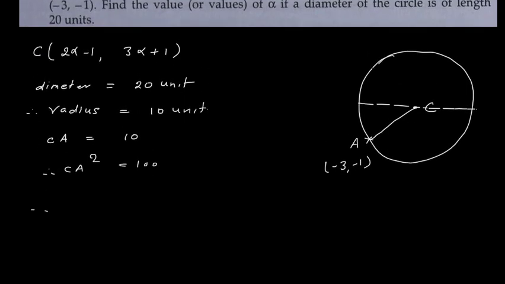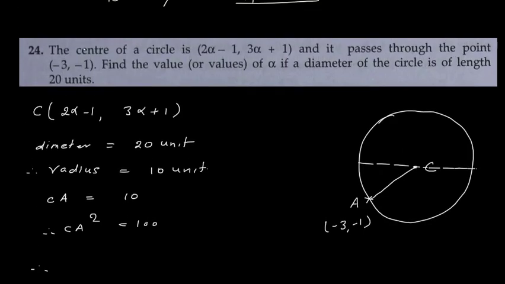Therefore, what we will say, CA square is (2 alpha minus 1 minus, it will become plus 3) the whole square plus (3 alpha plus 1 minus, it will become plus 1) the whole square, and this whole is equal to 100.